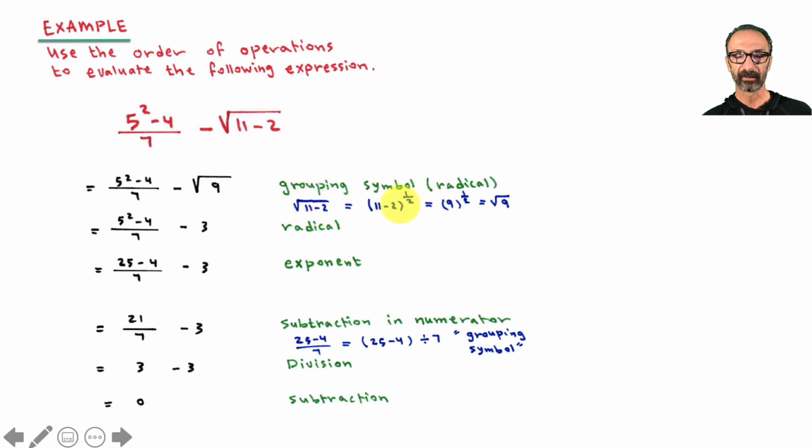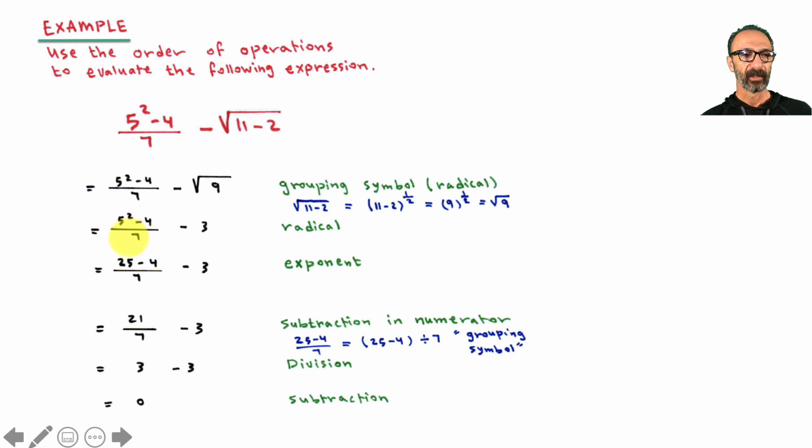That's one way to say it, to show you, or enforce the concept, that this is called a grouping symbol. 9 to the power half means square root of 9. If for some reason you can't find the square root symbol on the calculator, test it with the power half. That's going to give you the same answer. Trust me. Square root of 9 is 3. 9 to the power 1/2 is 3.